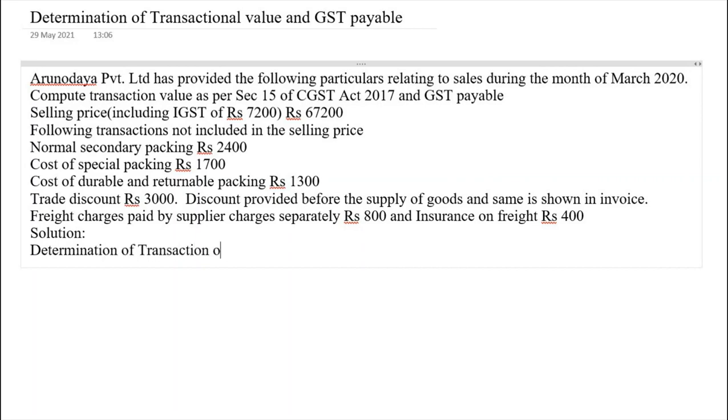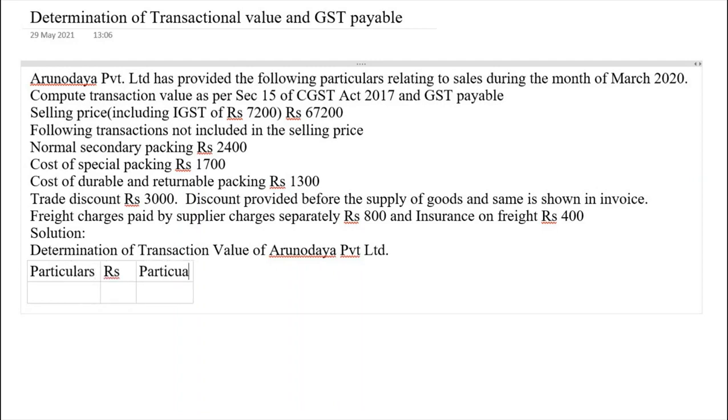Determination of a transaction value for Arunodaya Private Limited. So let me insert 3 columns here. Particulars, rupees. So now let's begin here. Selling price, in the bracket rupees 67,200 minus rupees 7,200, which comes to rupees 60,000 here.